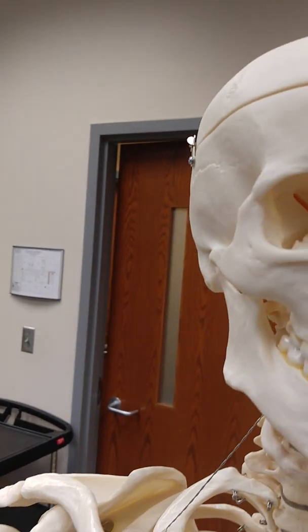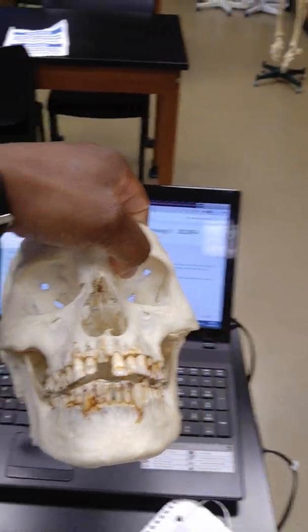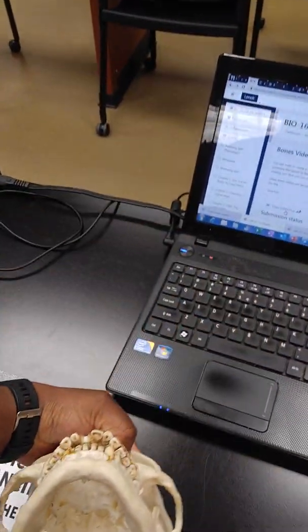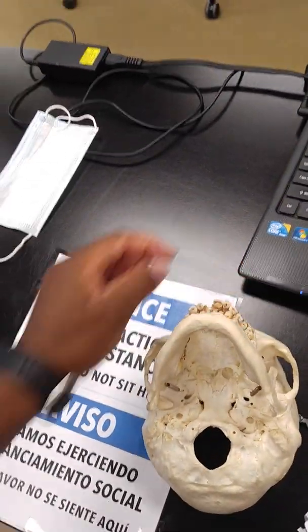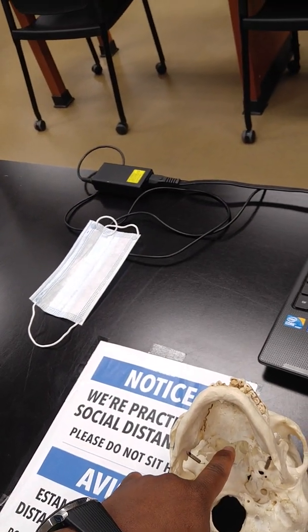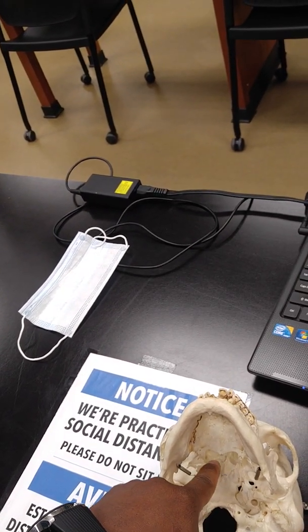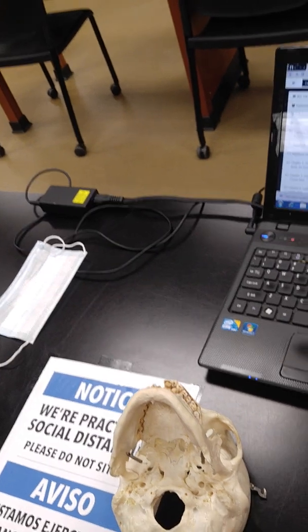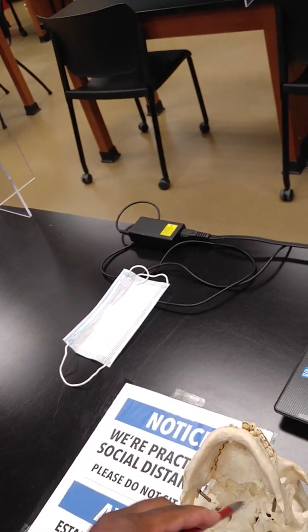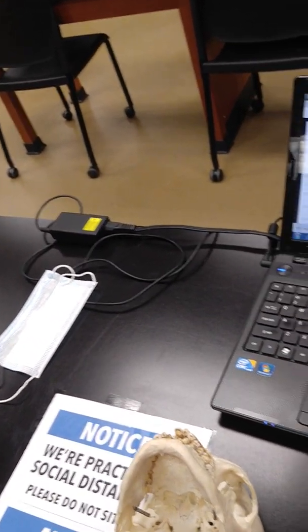For this one, the palatine, I'm going to use this other skull I have here. This forms the roof of the mouth, which would be here. Not where the sphenoid would be, but kind of in between.